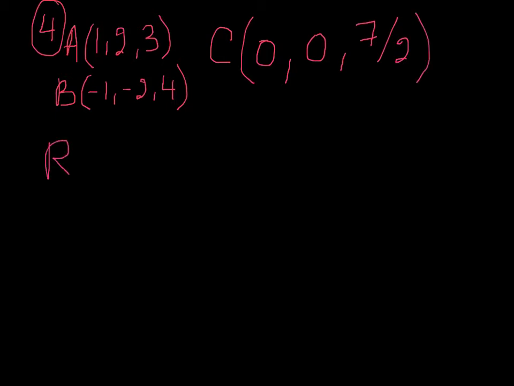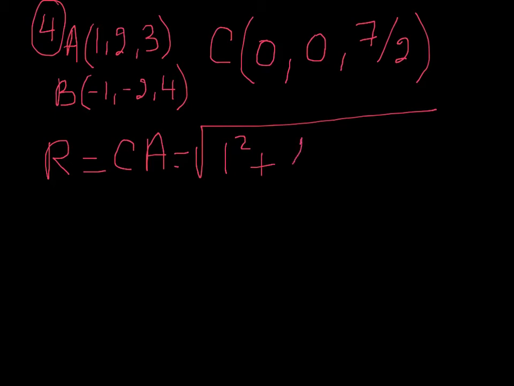The radius is the distance from the center to either point. So I'm going to do the distance from the center to point A. In that case, it's going to give you 0 minus 1 squared, 0 minus 2 squared, and 7 over 2 minus 3 squared, which is going to give you 1/2 squared, which is 1/4.